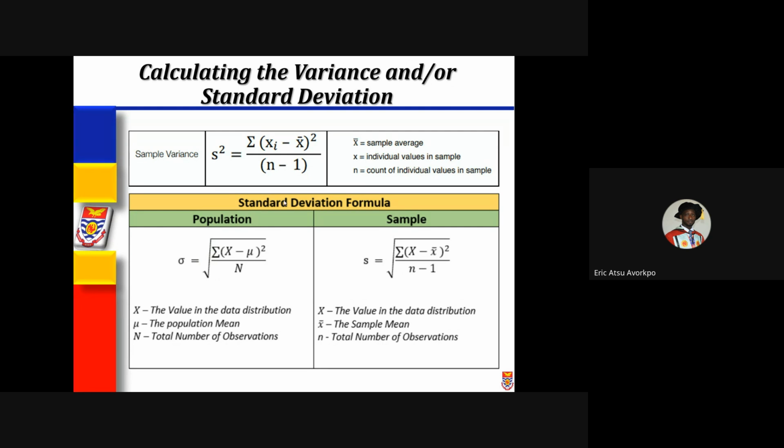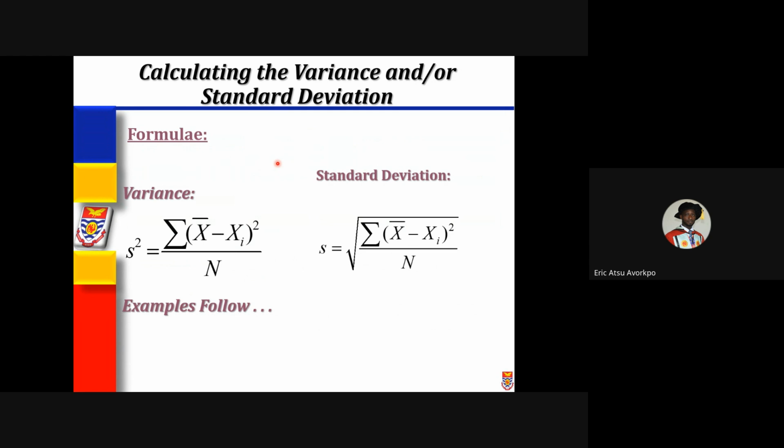So what I have just circled is the variance of the population, which is almost the same as what we have at the top over here.